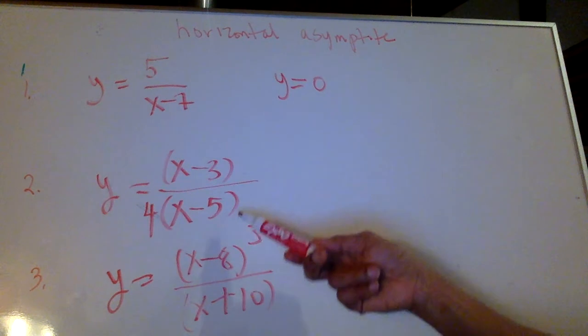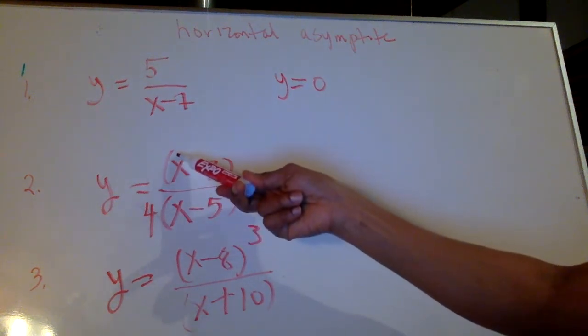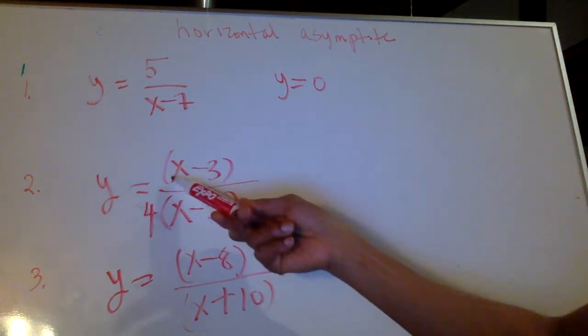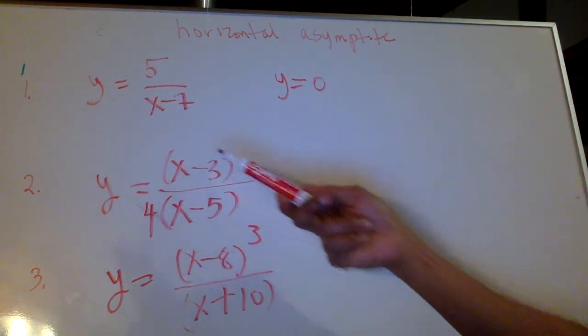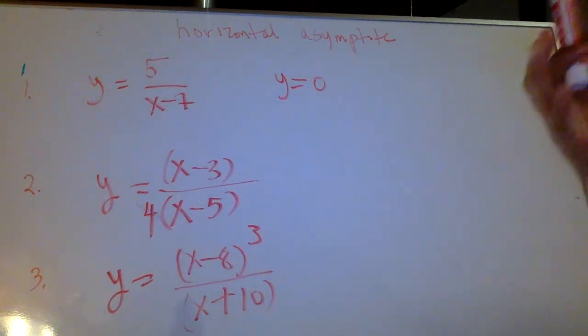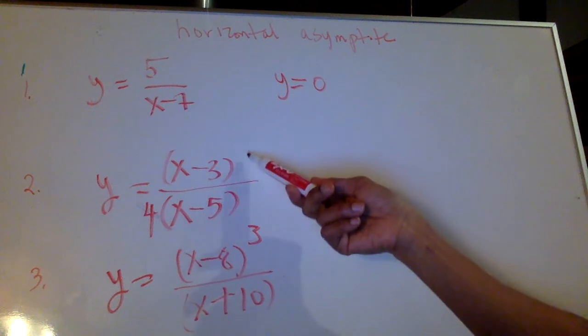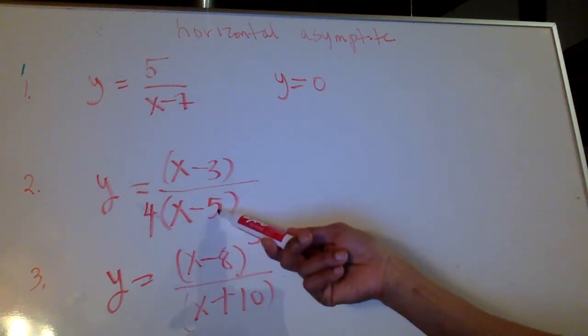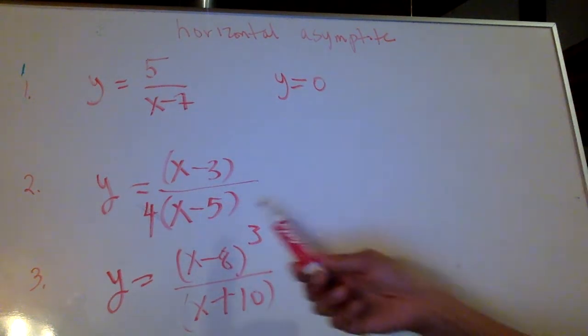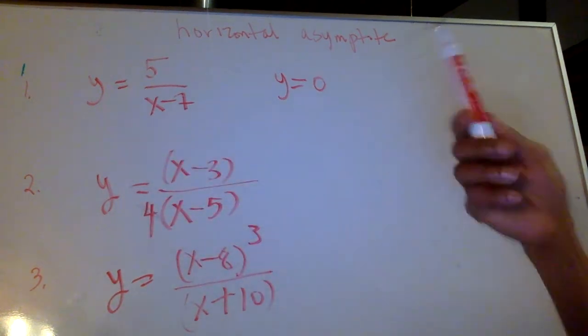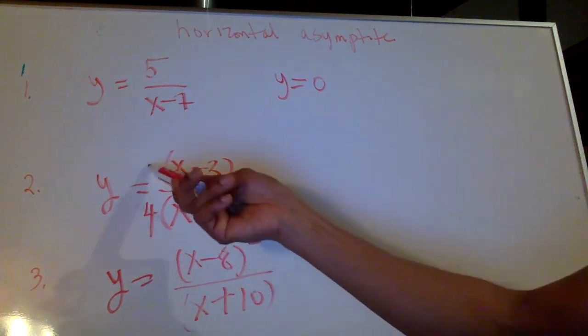In this next case, notice that the degree of the numerator and the denominator are the same. So when you plug in 10 million in the numerator, 10 million minus 3, by the time you get to 10 million, that's pretty much around 10 million. And here, 10 million minus 5, when you get to something that big, is around 10 million. So this fraction tends to go towards 1/4.